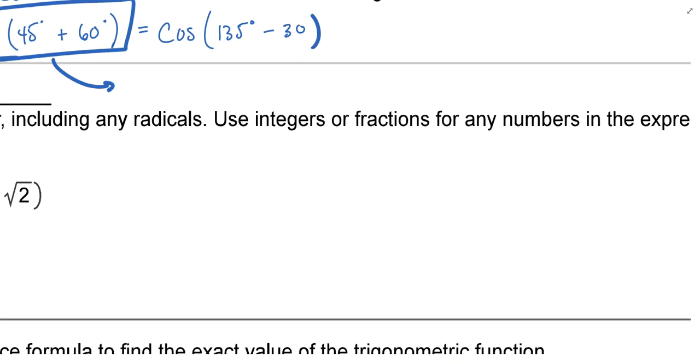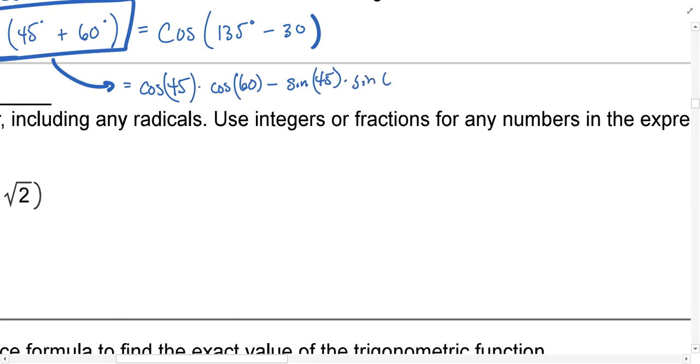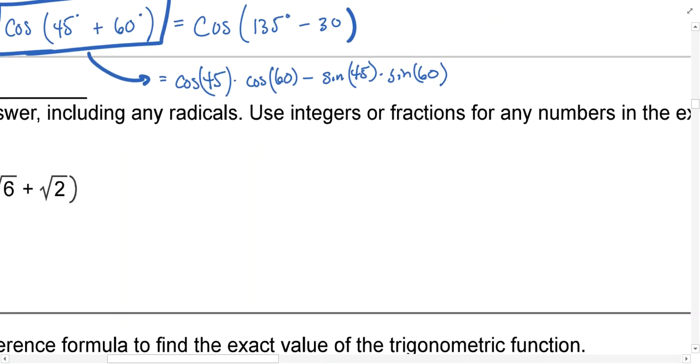So back to here, we'll go with cosine 45 times cosine 60 minus sine 45 times sine 60. That's the way the identity was described.